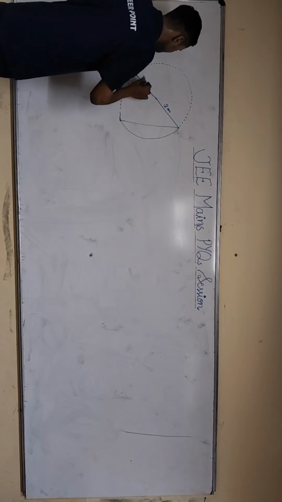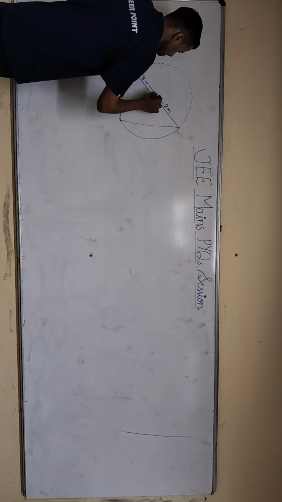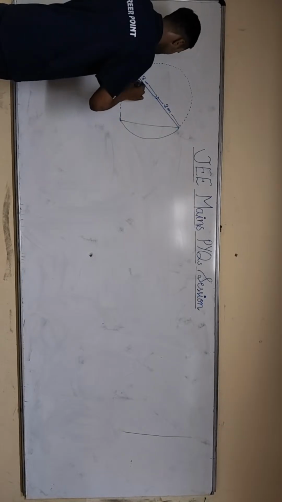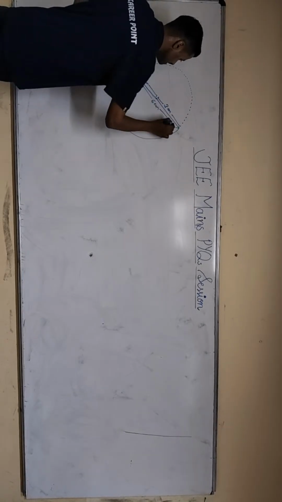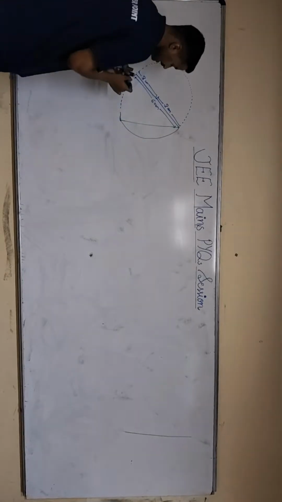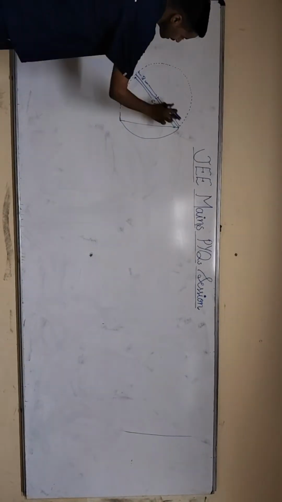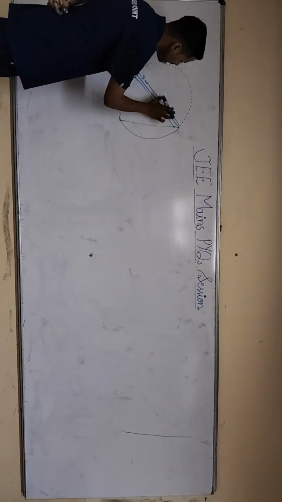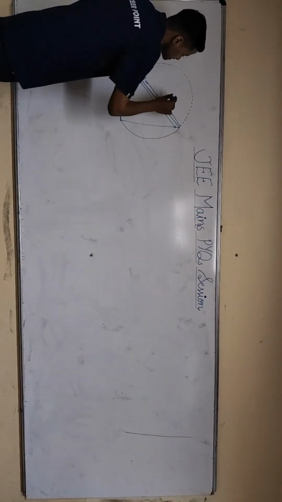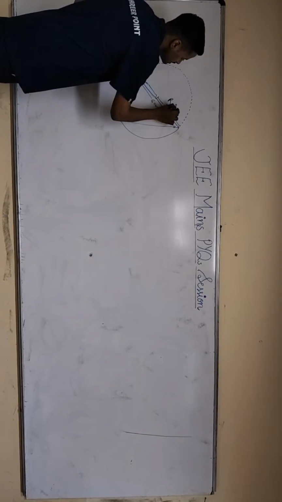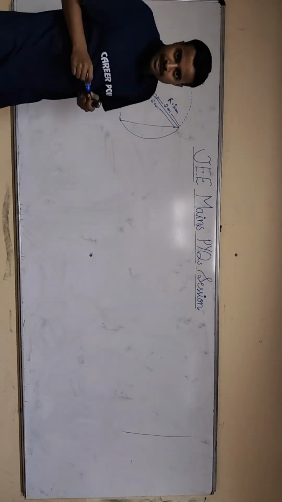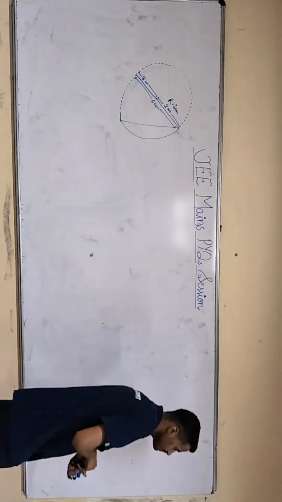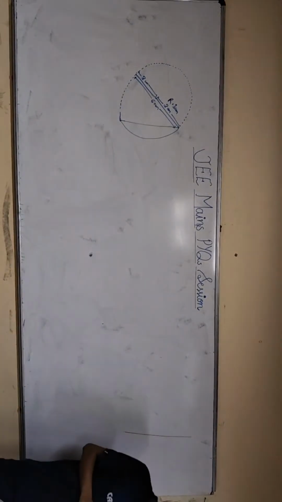This is also 3 centimeters, because from here to here it is 6 centimeters. In this question, the diameter of the plano convex lens is 6 centimeters, so the radius R is 3 centimeters. Radius is half of diameter.